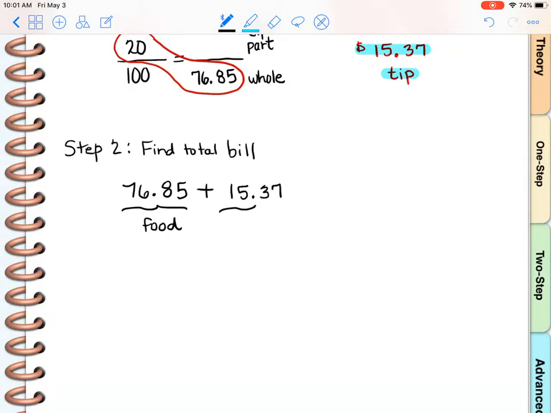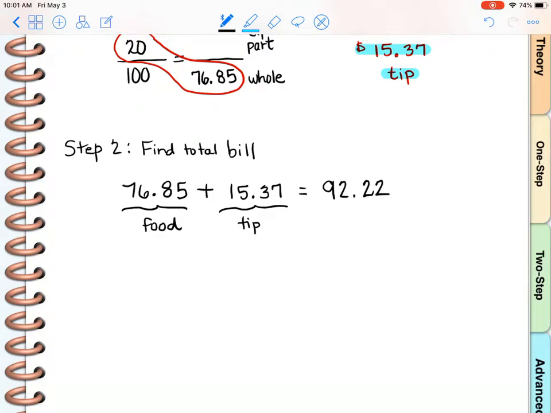And I strongly encourage you to use your calculator. Please don't make errors on this basic stuff. 76.85 plus 15.37 equals. I have a learning disability, so I'm very prone to make errors if I try to do this in my head.